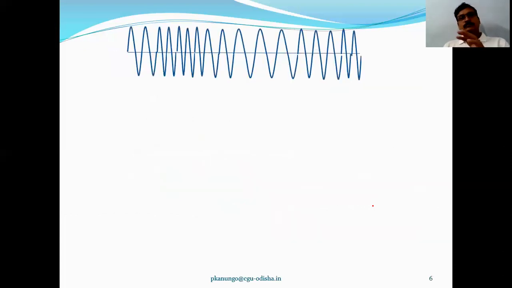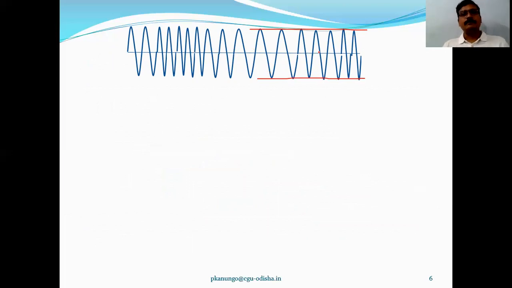Now let's go through the time domain representation of the FM signal. The FM signal looks like this. The amplitude is constant, but the frequency varies according to the instantaneous value of the message, so it's an FM signal.